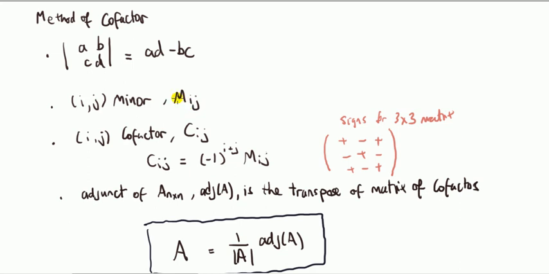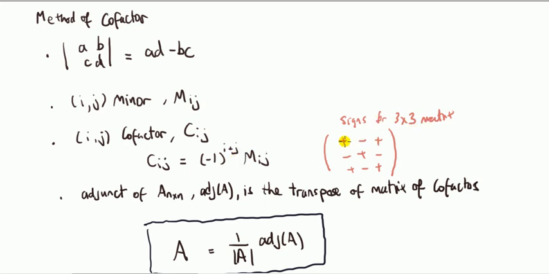So what's left after you remove the ith row, jth column? And we denote that like this. The ijth cofactor, denoted by this, is like the signed minor.